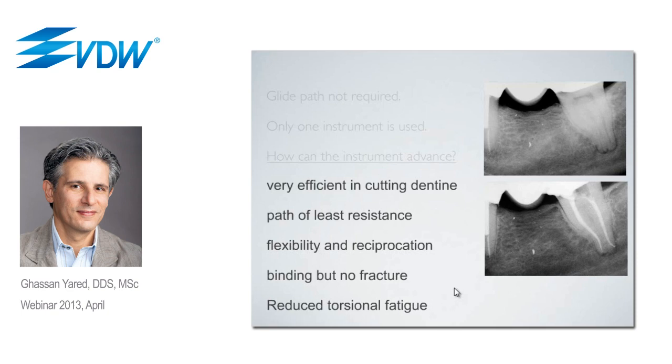So they are lower than the angles at which the instrument will be subjected to irreversible changes. So for all of these reasons, a large instrument like the R25, which is similar to the F2 ProTaper instrument, can go in most of the curved and narrow canals without needing to create a glide path.